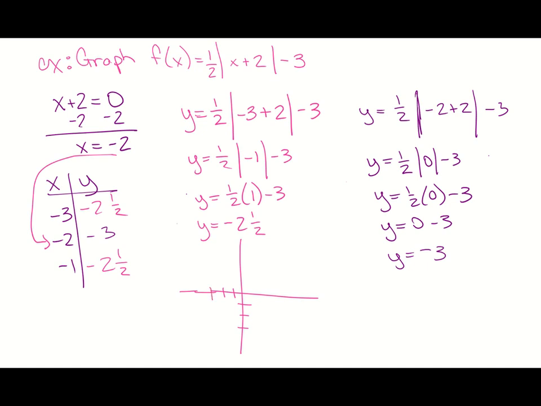Okay, so negative 3, negative 2.5, negative 2, negative 3, and then negative 1, negative 2.5. But you can see I want to make that as straight as possible. There you go. So does that follow in line with what we learned about transformations? It should be going to the left 2, down 3, and wider, and that works.